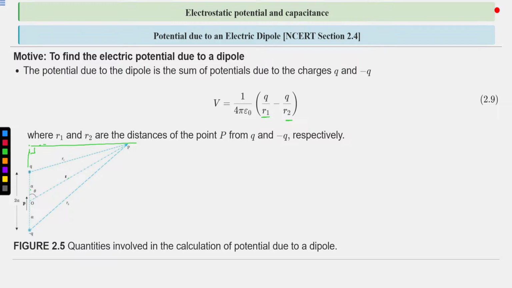For R2 you have to make the perpendicular here, and after applying in this triangle you will find it. You have to play with the geometry here, and you will find this R1 and R2.